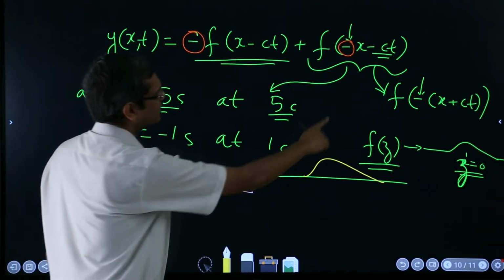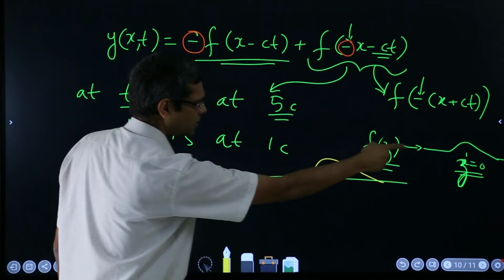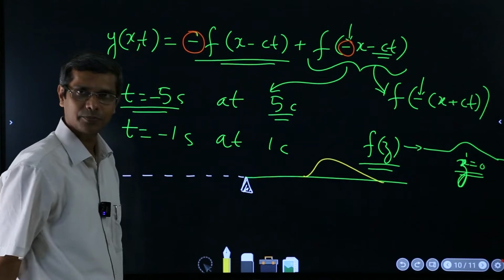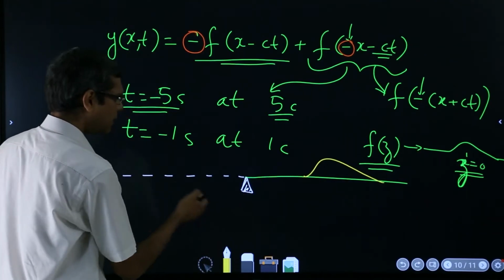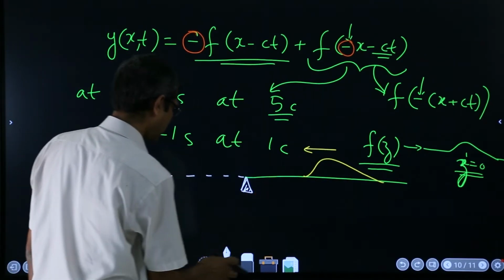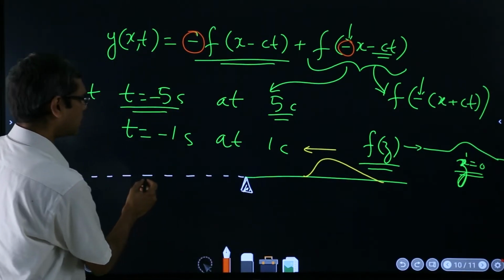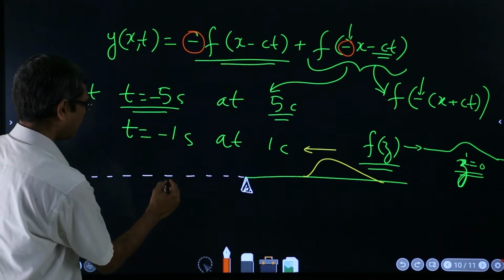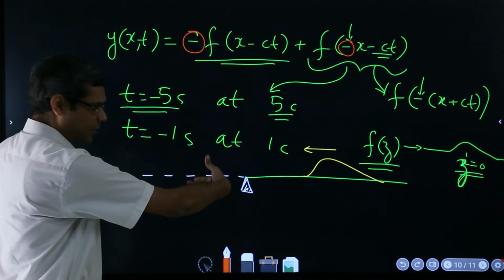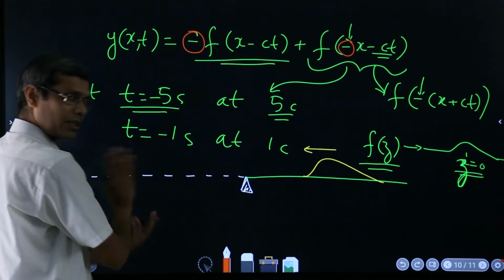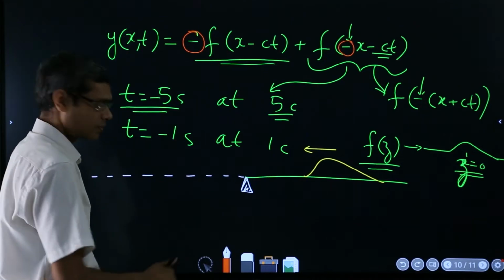That was, say, f of minus z. Now here, this was coming this side, and from here, say it was coming exactly, so it will be once flipped this side and once flipped this side, right?